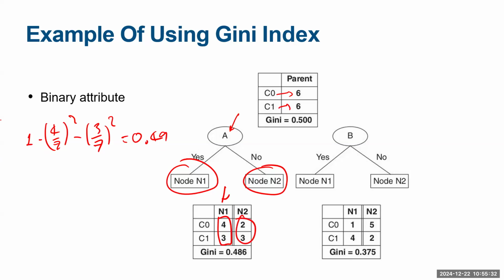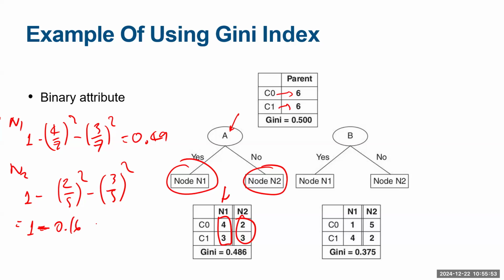And for N2, I have 1 minus 2 over 5 squared minus 3 over 5 squared. This one I should be able to do by hand. 0.4 squared is 0.16, 0.6 squared is 0.36, and what I get is 0.48.